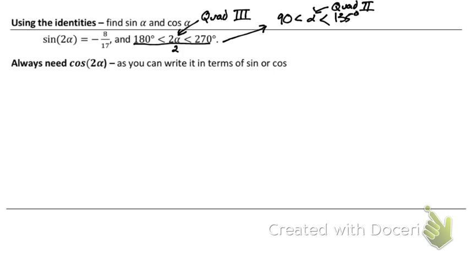Then you check to see if it should be positive or negative. Here's where this can get confusing. I need to break down this sine of 2 alpha so I can get sine alpha and cosine alpha out. What you're going to do now is look at your double angle formulas and see which one's going to help you.